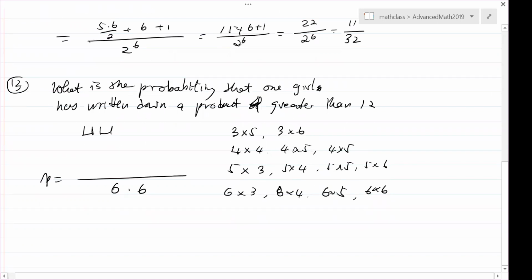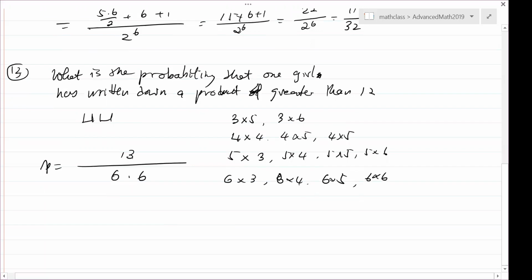Those are all the desired outcomes. You just count all of them: it's 13. So for one girl, the probability of a product greater than 12 is 13 over 36.